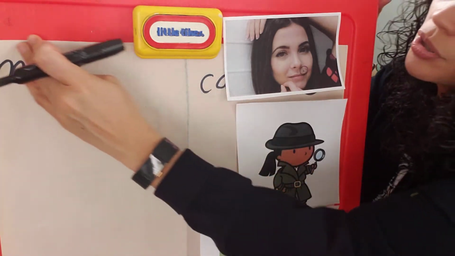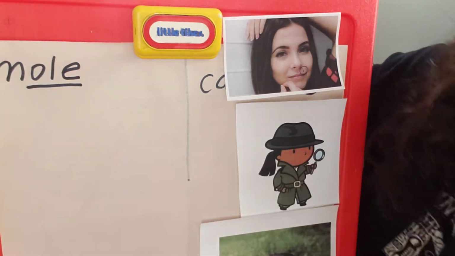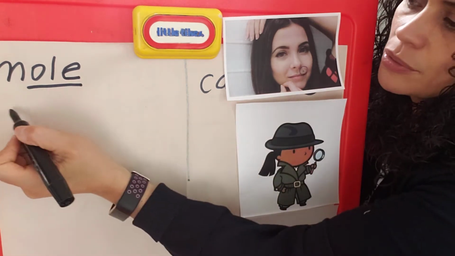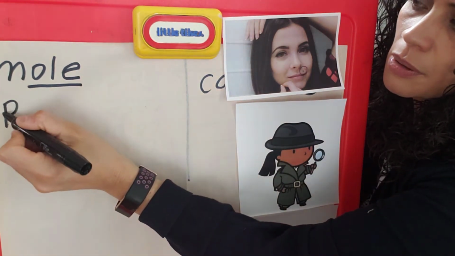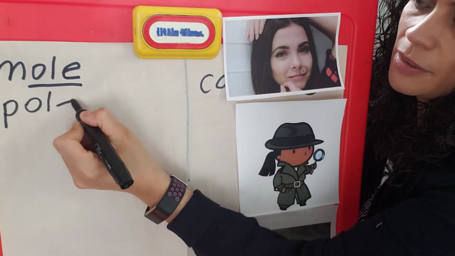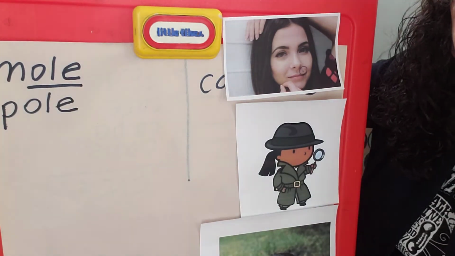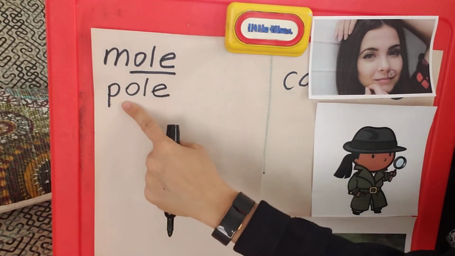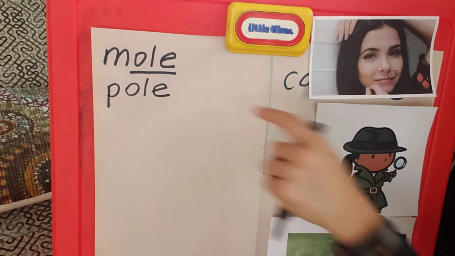So if I change the M to a p sound, I can make this word. What word? That's right, that's pole.